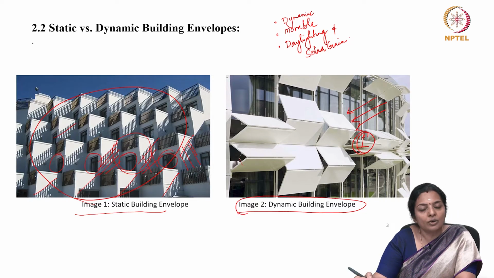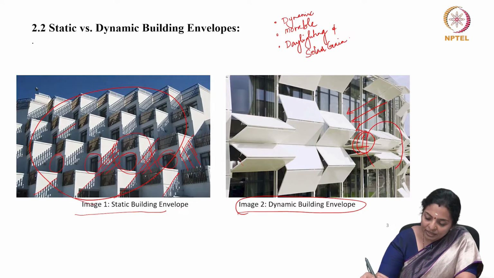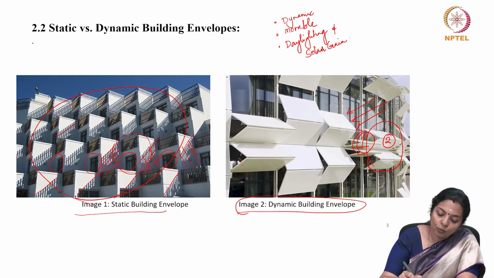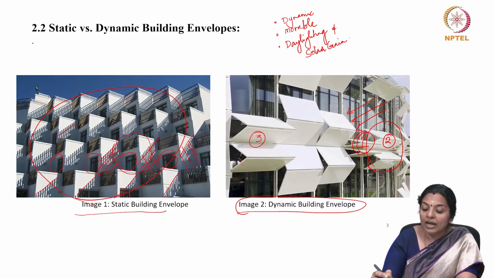If you want to control the solar radiation, you can go in for option 2, where the area of the window through which solar radiation can enter inside is controlled. If you want further control, you can go for option 3. And then if you want very less solar radiation and some amount of light, you can go for option 4.